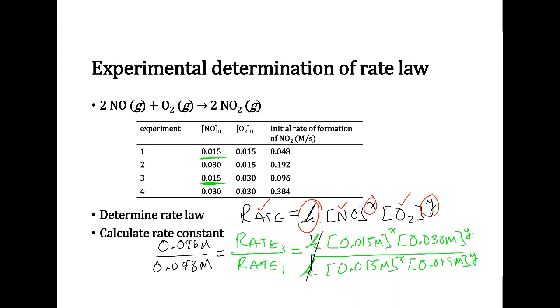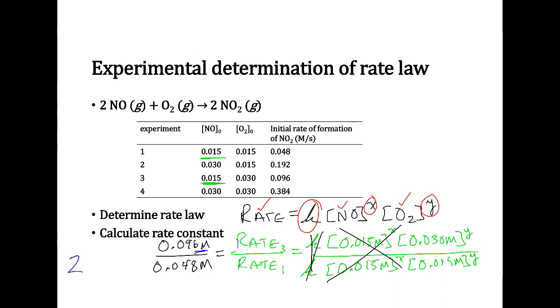Okay, well, we still have the X and Y terms. Well, 0.015 to the X divided by 0.015 to the X goes to 1. So this term goes away. So now we can simplify this expression right here. So 0.096 molar divided by 0.048 molar, that goes to 2.